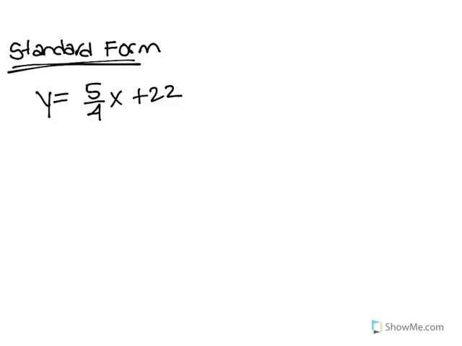So this one does have a fraction, so we're going to get rid of it by multiplying every term by 4. Okay, that's your denominator. If you have more than one fraction, you get a common denominator. But we're going to multiply, and that's going to give us 4y equals, the 4's cancel, and that's 5x plus 88.